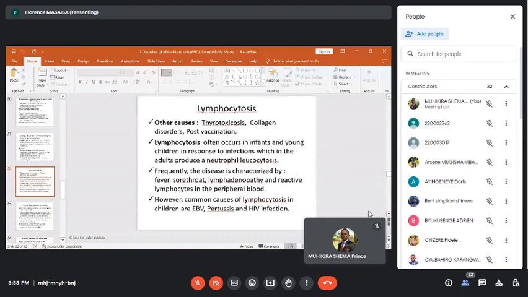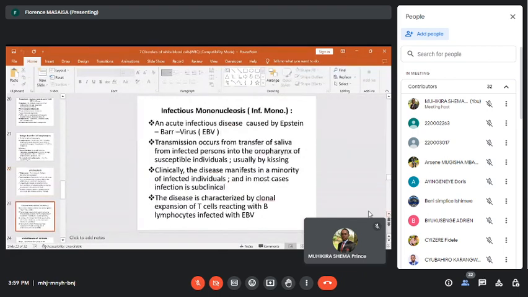So in children, an increase of lymphocytes may also be bacterial infection. So don't consider that an increase in lymphocytes means only viral infection or only bacterial infection. Common causes of lymphocytosis are EBV, pertussis, and HIV infection.